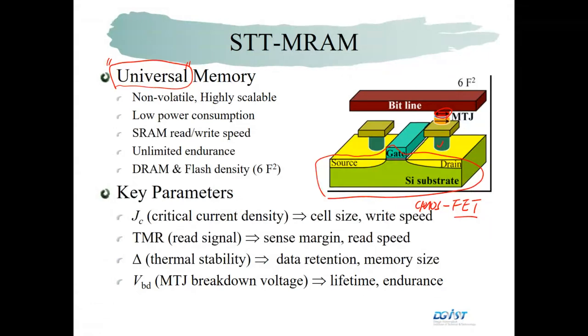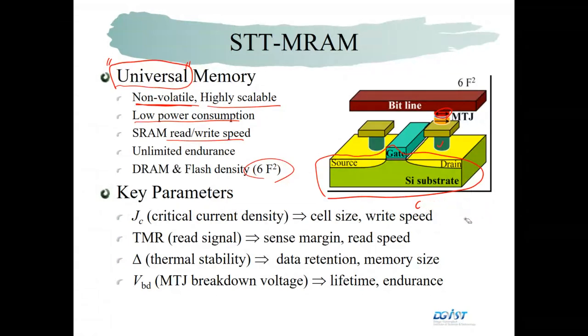So that's the weak point of the STT-MRAM. Anyway, they have good properties: non-volatile, high scalability, low power consumption, good read-write speed, and unlimited endurance. And for the density, the cell size can be a little bit larger than the other memory, but still good enough.